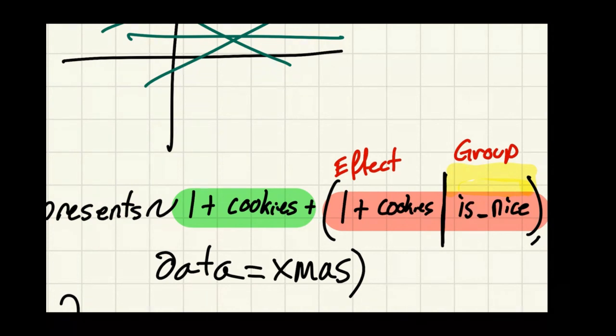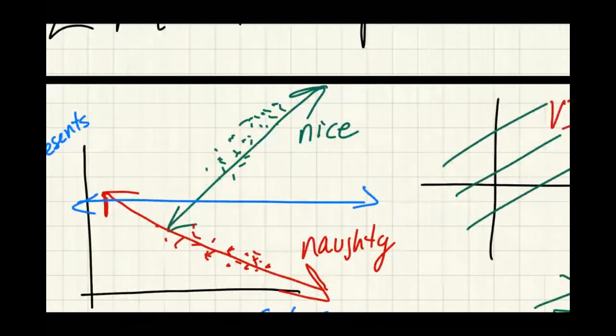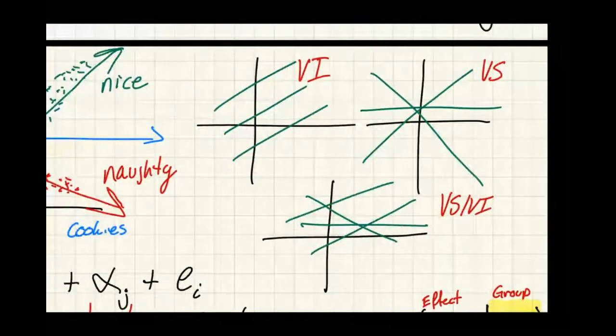It is not cookies. Because you wouldn't group the kids by the numbers of cookies they give. You'd group them by whether or not they were naughty in order to create a separate line for being nice or being naughty. Yeah, I can do that, Patrick.